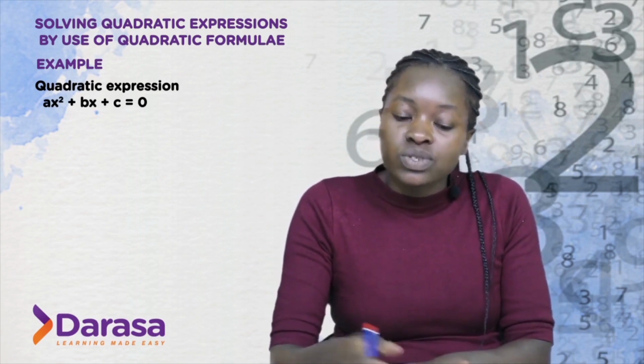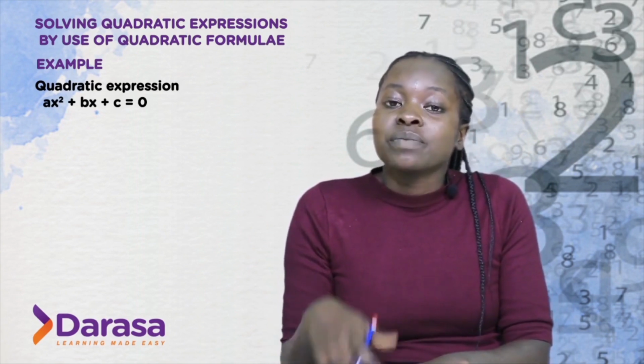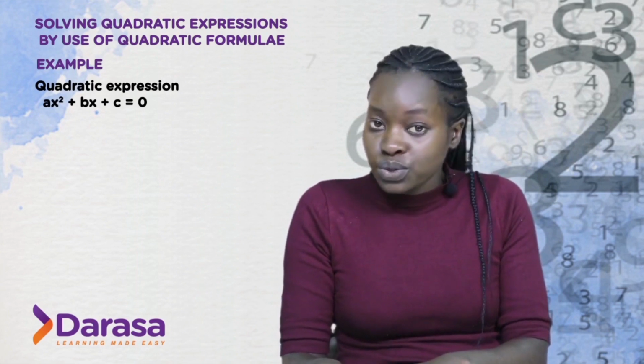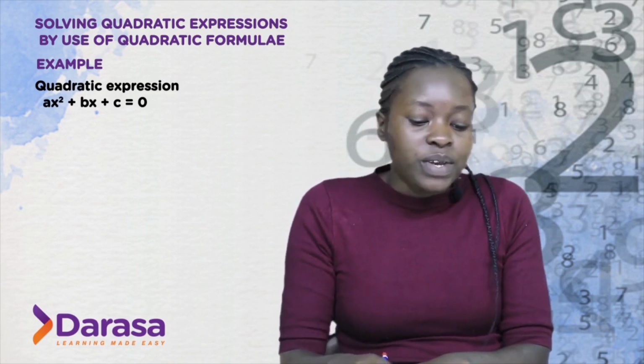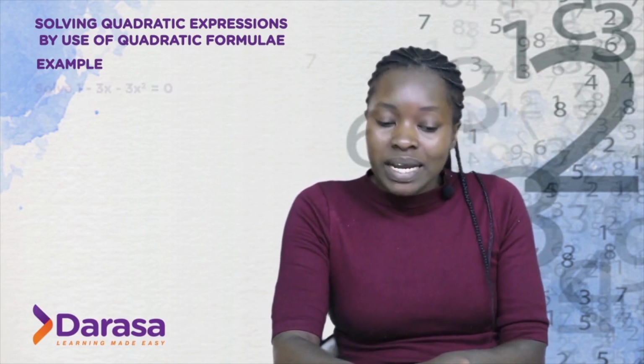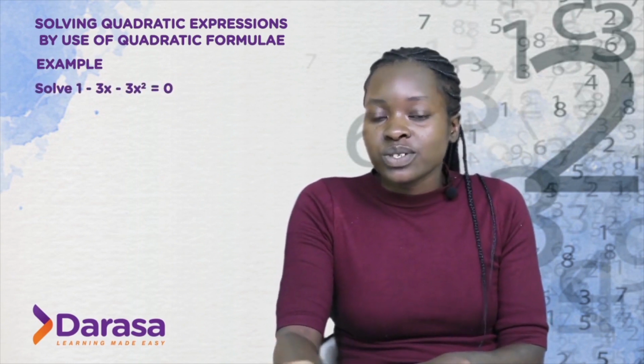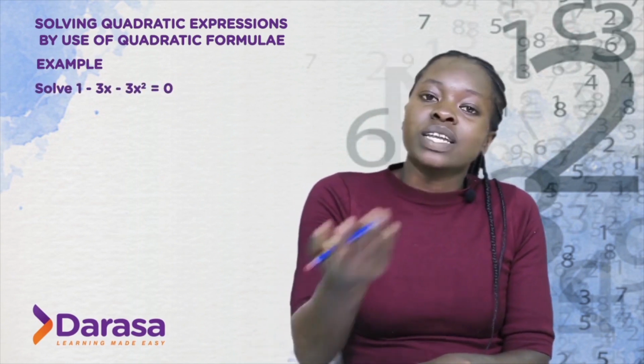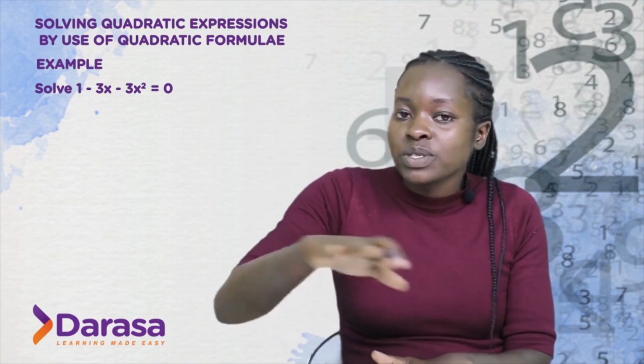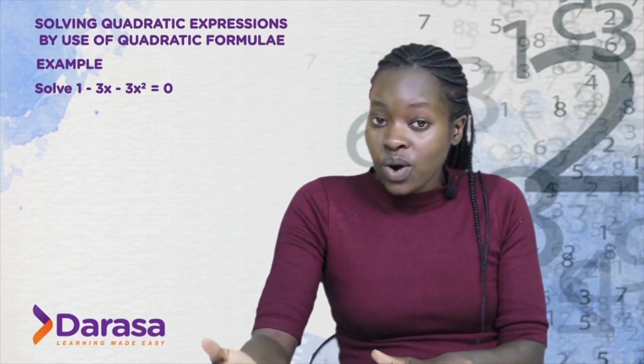So in this case, you can just rearrange them so that it is in the form you are used to. For example, you're given 1 minus 3x minus 3x squared is equal to 0. We are used to x squared being the first term, but here it's coming in the last place, where we usually have the constant.